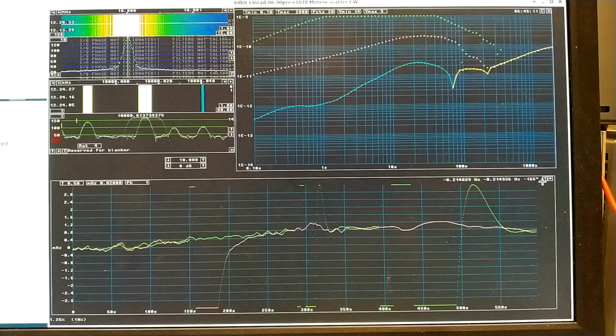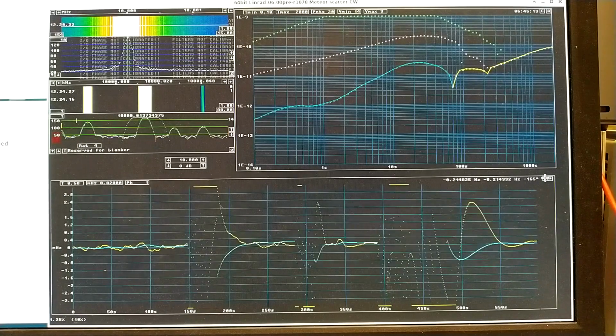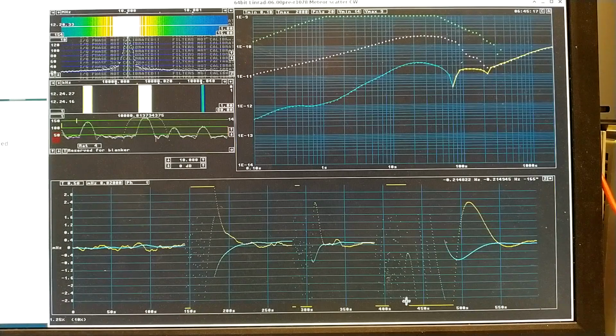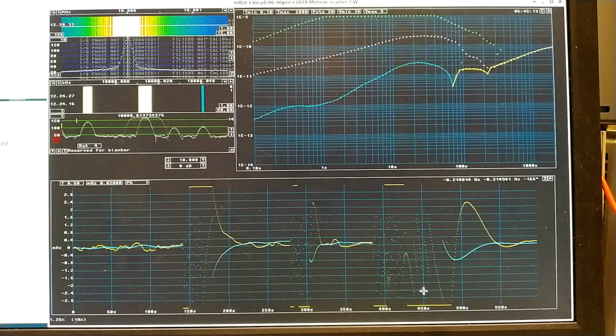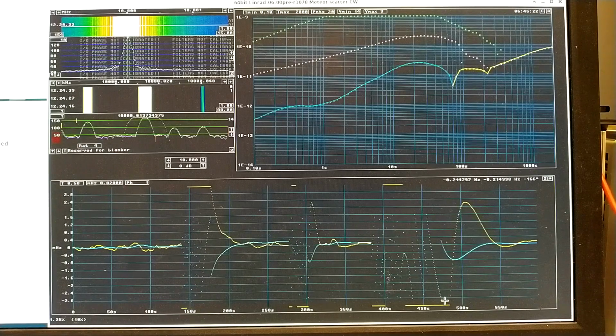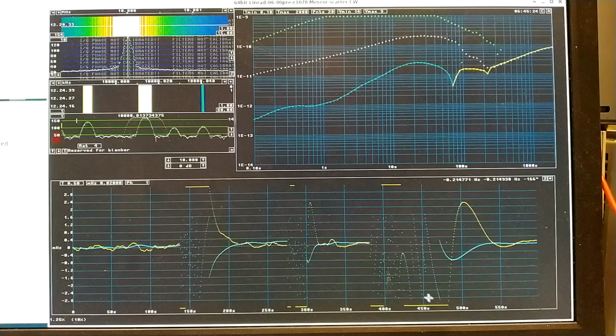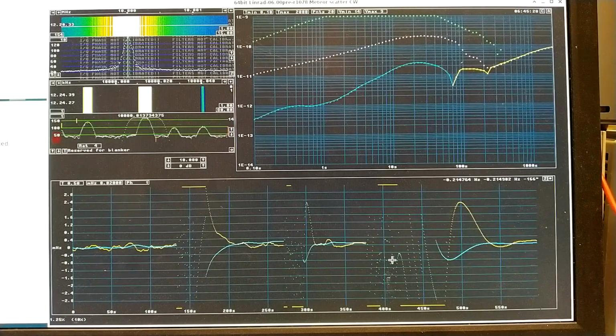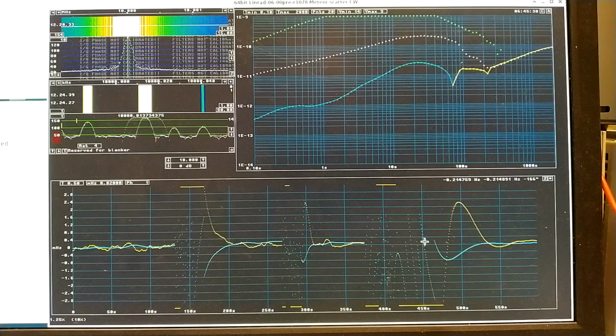If I look at the phases, frequency difference and phase, well, it's a bit hard to see. The oscillatory, it goes over 360 degrees several times.